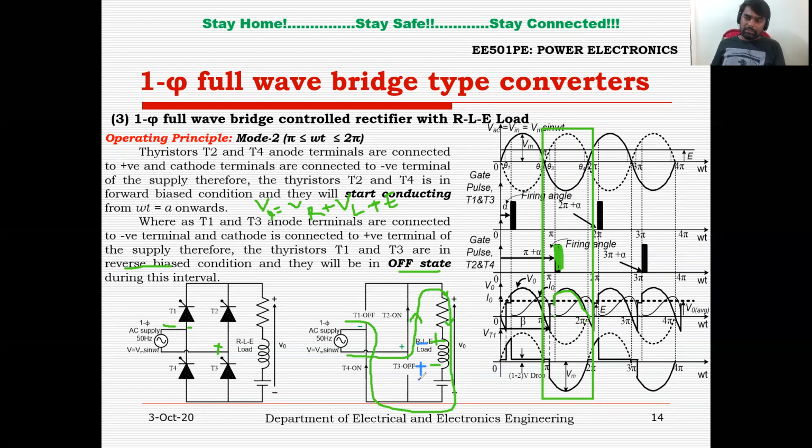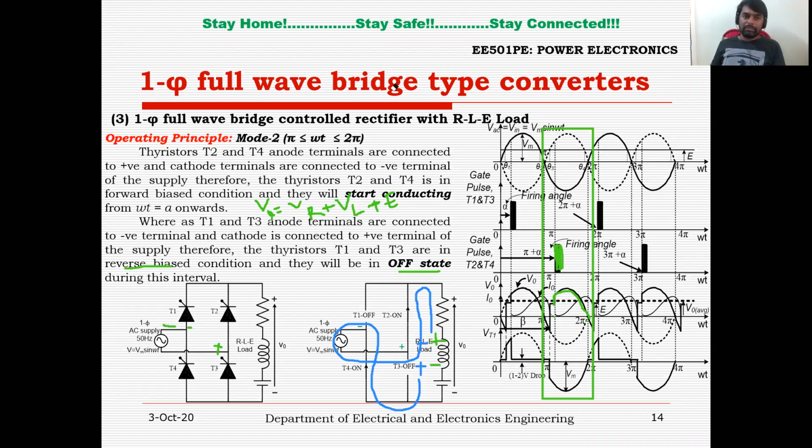The current always leaves from the positive terminal. So for this circuit, the inductor behaves like a source. It is leaving from inductor positive, battery, T4 anode, T4 cathode, source, right? T2 anode, T2 cathode, resistance R, and L negative. So this is the direction of current. You can see it with blue color.